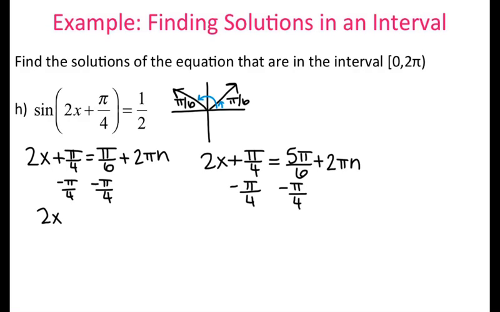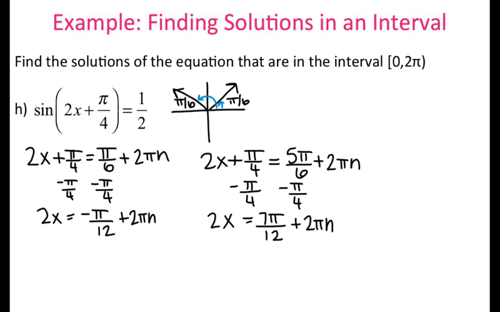That leaves me with 2x equals, let's see, 1/6 minus 1/4. Let's bracket. That gives me negative 1 pi over 12 plus 2 pi n. And then this one over here, I have 2x equals 5/6 minus 1/4, bracket, 7 pi over 12 plus 2 pi n.